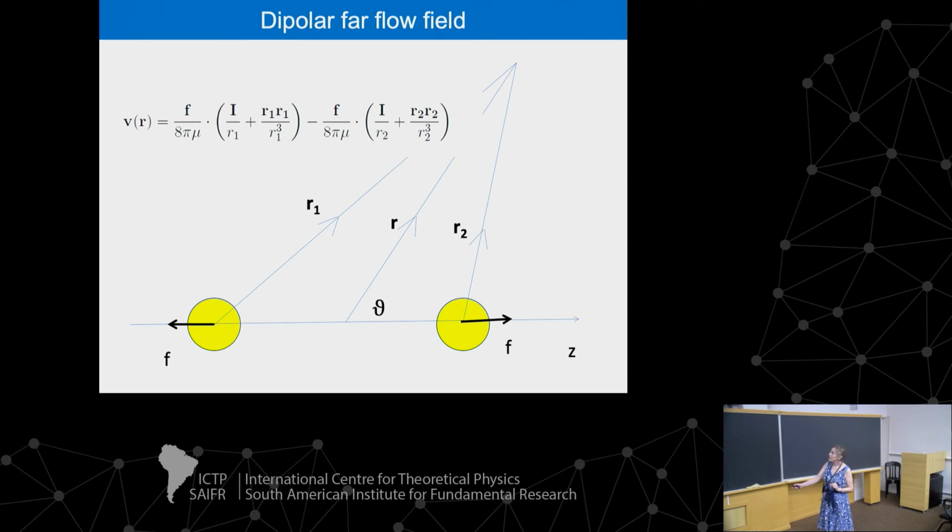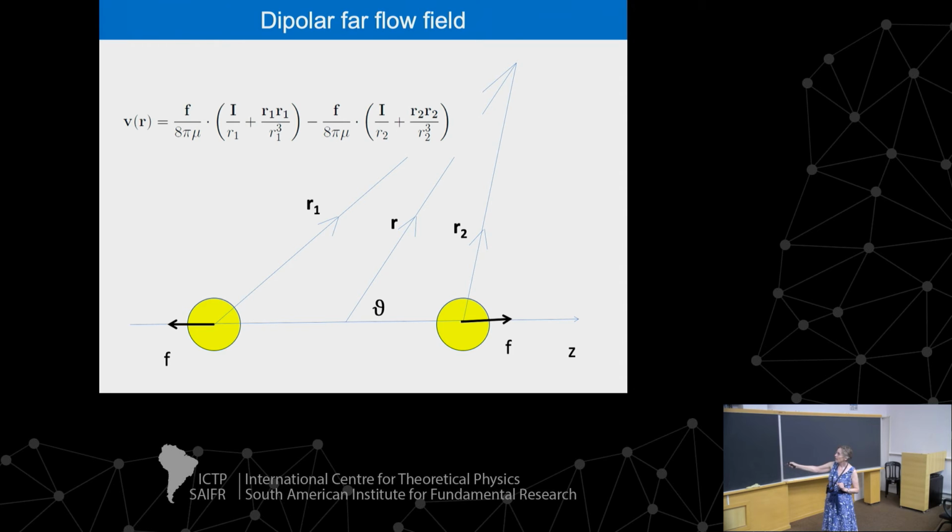So what I've done here is just say, look, this force is going to give me a velocity field like I had before, a distance r1 away. This force is going to give me a velocity field at a point here, which is a distance r2 away. Let's just add them up and see what I get.